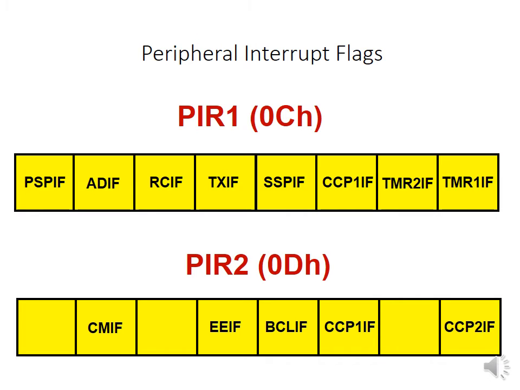PIR1 and PIR2 are SFRs that contain the corresponding interrupt flags for the respective interrupts associated with the various peripherals that are found on the PIC 16F877.